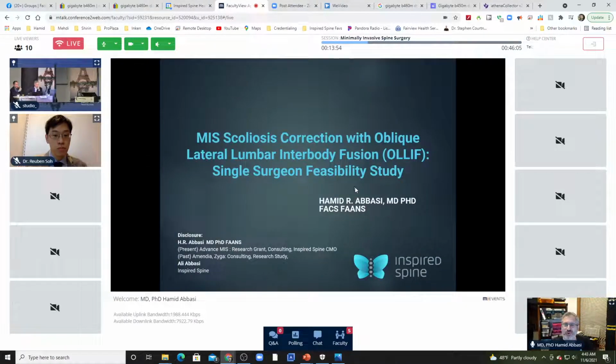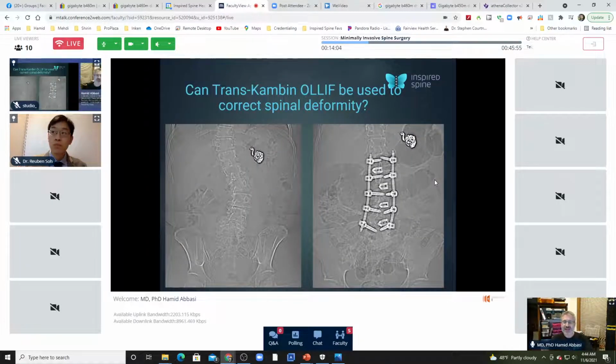Okay, thank you for your time. I'm going to talk about the minimal invasive scoliosis correction with transcambin approach. And this is practically a segmental correction of the lumbar spine with transcambin lumbar interbody fusion.